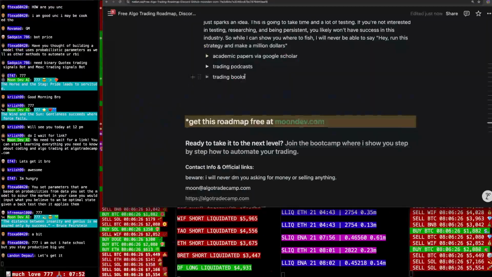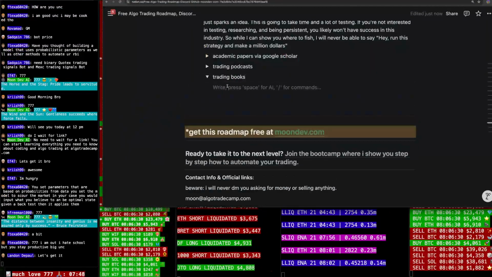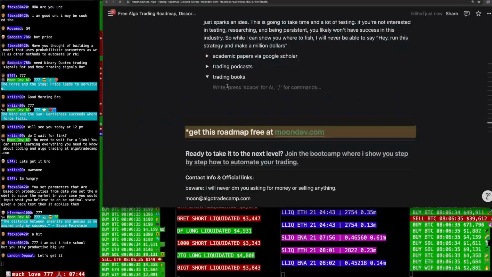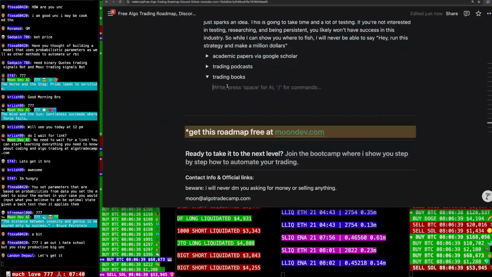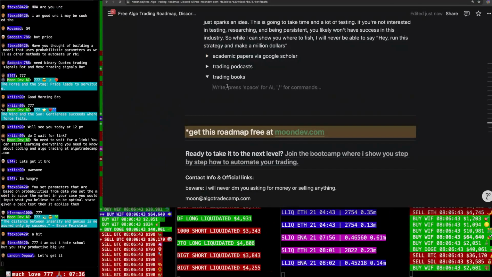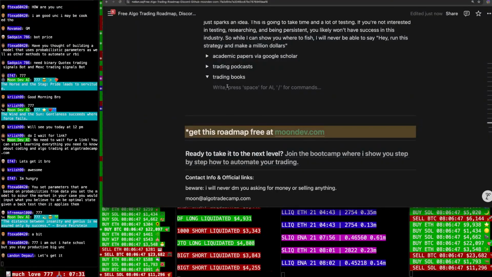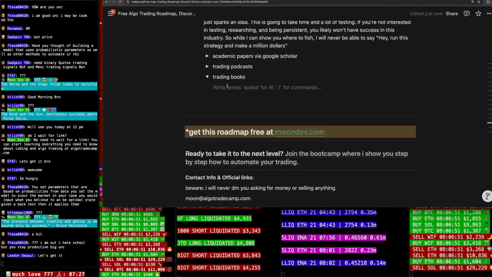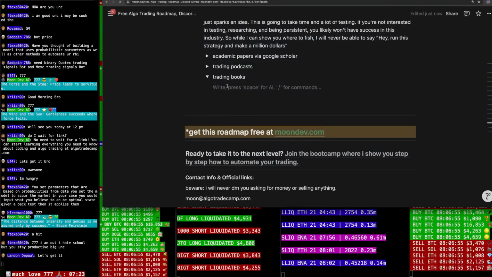Let's go here, trading books. I really love trading books to learn ideas and approaches to the market. Again, it's unlikely that anybody's going to ever just say, hey, buy and sell at this point, that point. But what I love about books is that it's usually the person's best work over the past X or Y years.